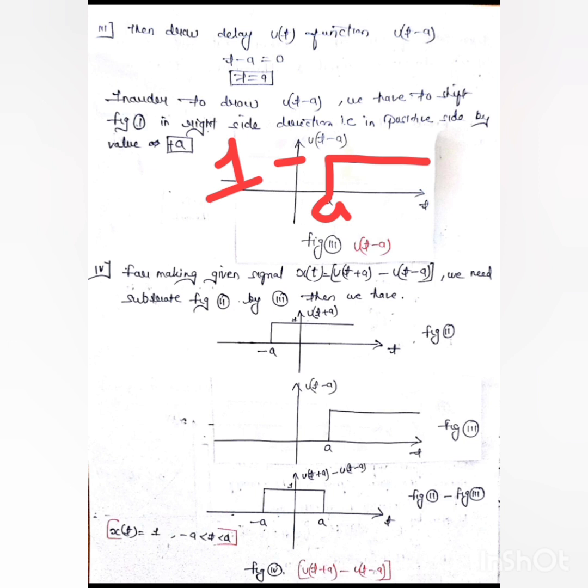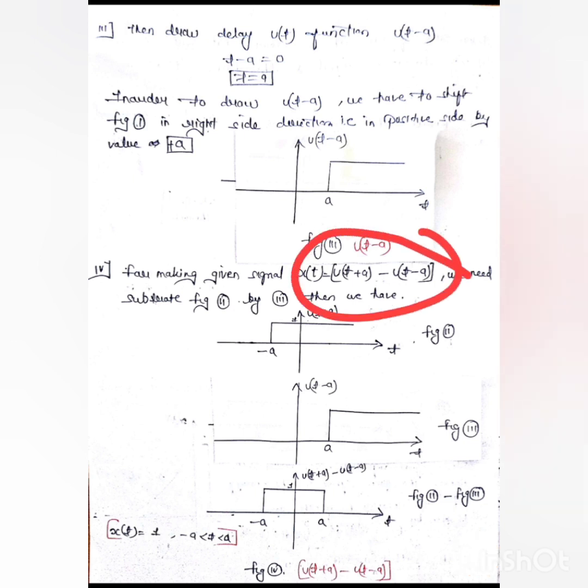Here the magnitude is always 1. Then we want the expression u(t+a) minus u(t-a). That means the u(t+a) figure must be subtracted from the u(t-a) figure in order to get this signal x(t).